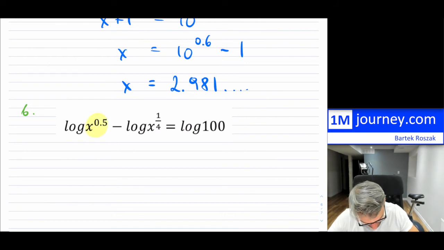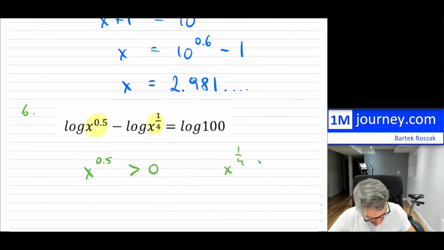These are funny ones, but we must have x to the 0.5 greater than 0, and then x to the quarter greater than 0. For both of these, basically we're just saying x has to be greater than 0 here.